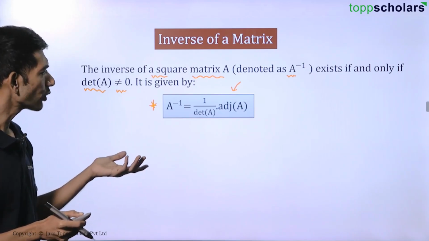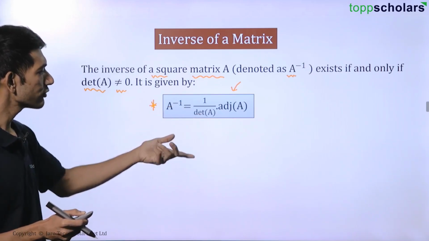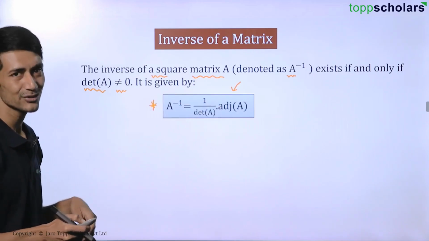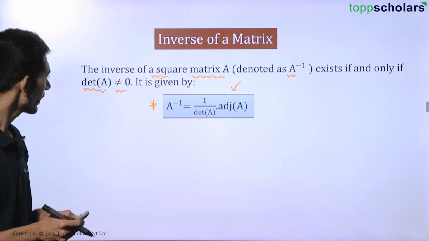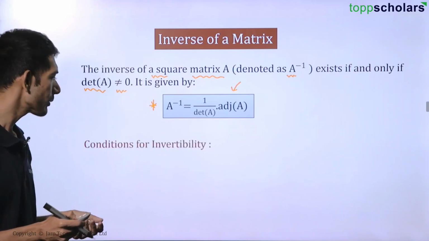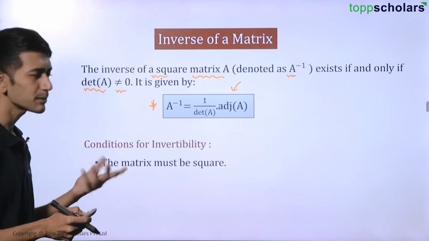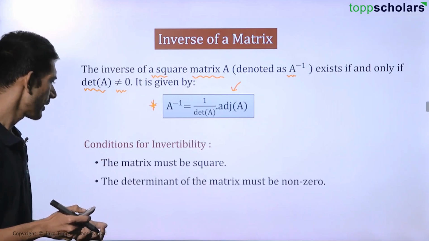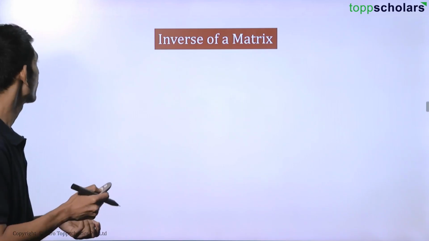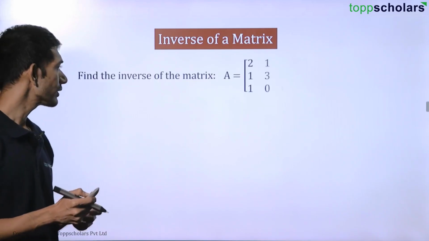And obviously it should be non-zero because 1 by 0 is not defined. So if the determinant of A is 0, we won't get the inverse, no? Clear? Okay. Let us see this with the help of an example. There are also some conditions for invertibility: the matrix must be a square matrix, of course, and the determinant of the matrix must not be 0. Clear and simple conditions.